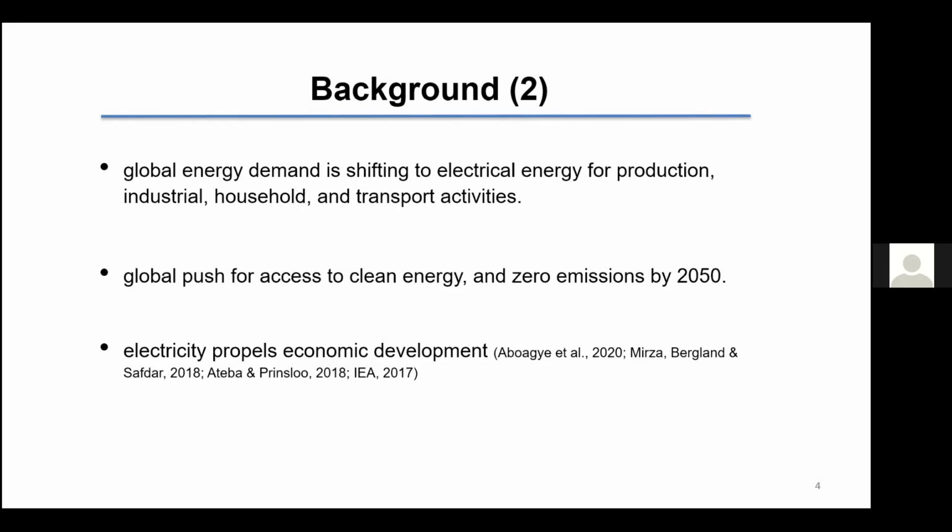In fact, the International Energy Agency projects that by 2050, 40% of global energy demand is going to be from electricity use alone. And that's why the study is speaking on electricity as part of the analytical lens for us to put emphasis on.